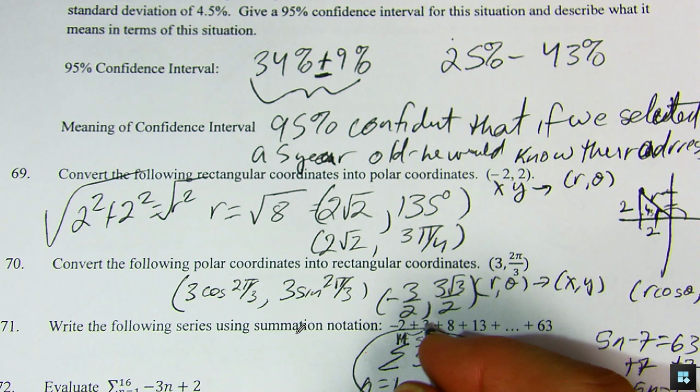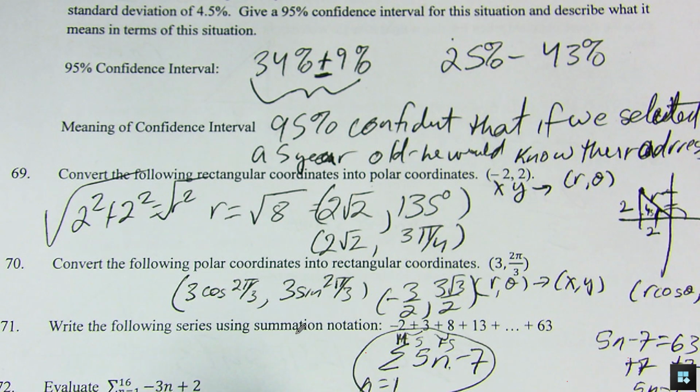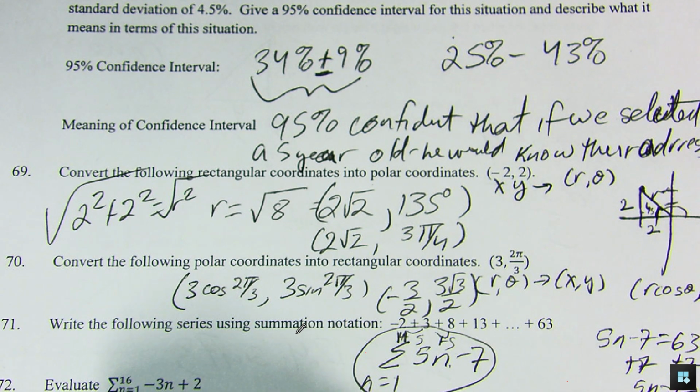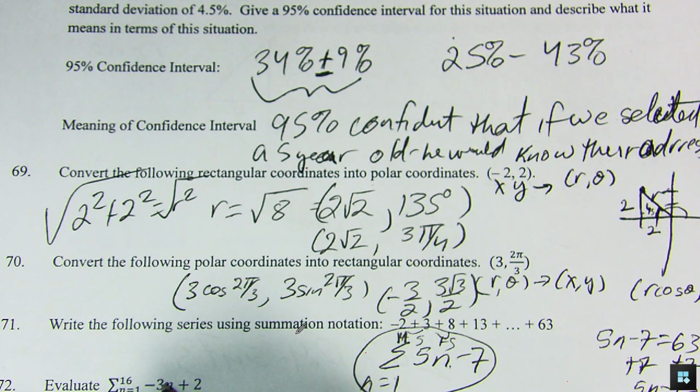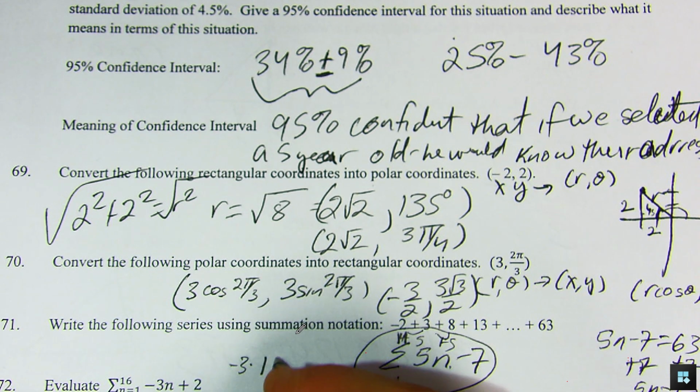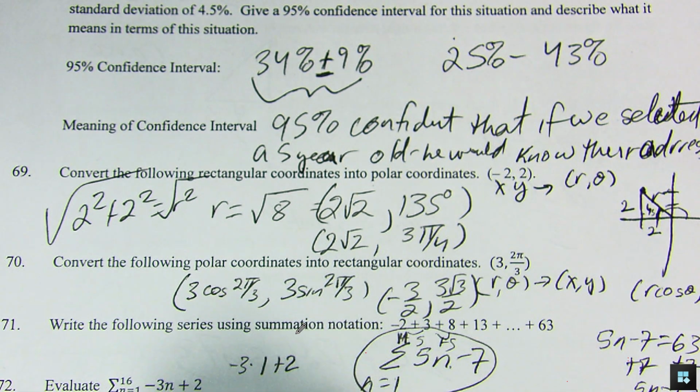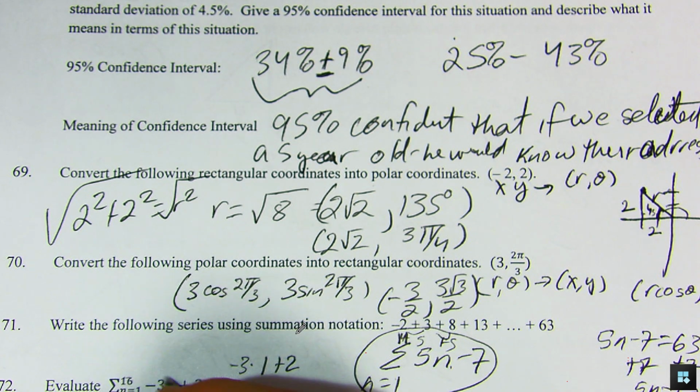Explicit formula for arithmetic addition. So here we go, evaluate this guy right here. It's arithmetic. So I know I'm going to figure out how many terms there are, which is 16 over 2. Plug in the number 1 for the first term. Negative 3 times 1 plus 2 is negative 3 plus 2 is negative 1. Plus, plug 16 in.